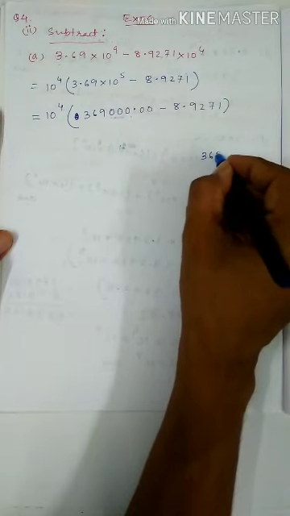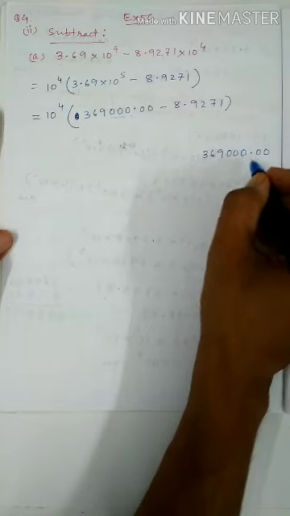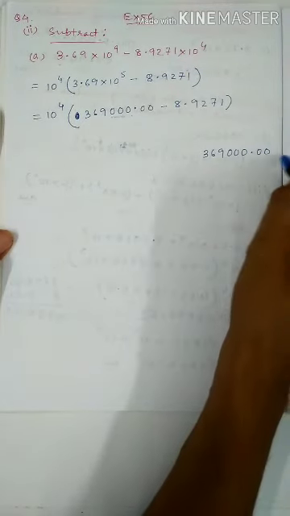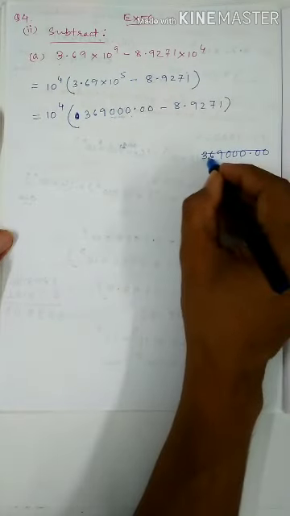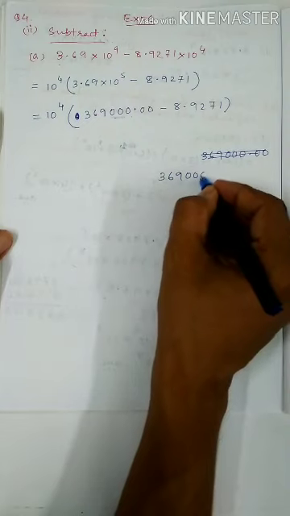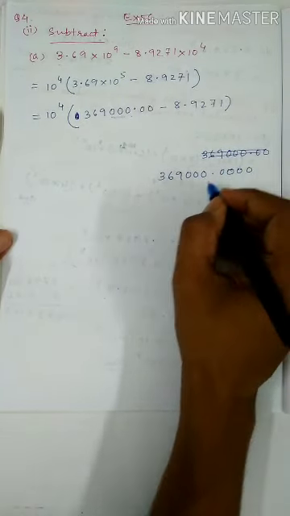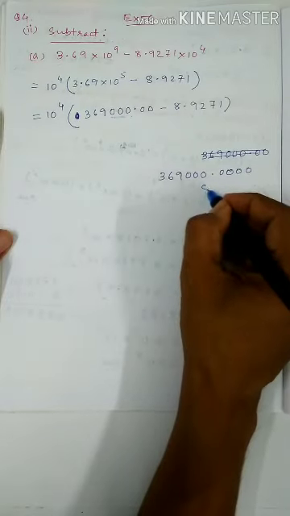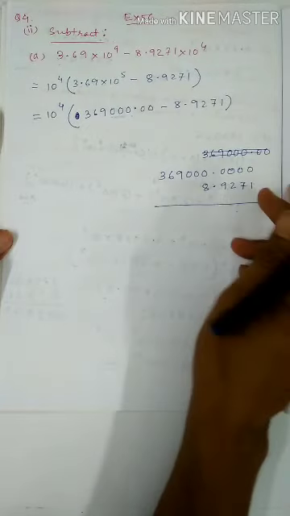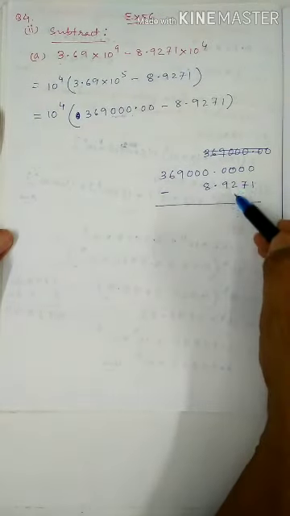So now we'll do the subtraction part here. So 369, but here you see after the decimal 4 places are there, so we should also have 4 places here. So we'll do it here. Minus 8.9271. Students, did you understand? While doing subtraction or addition, their decimal places should be the same.